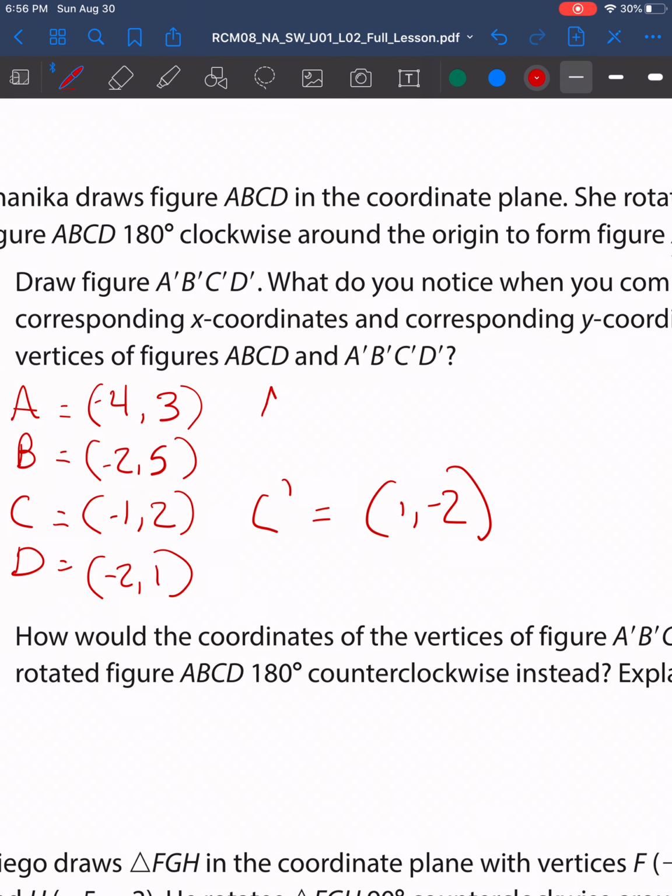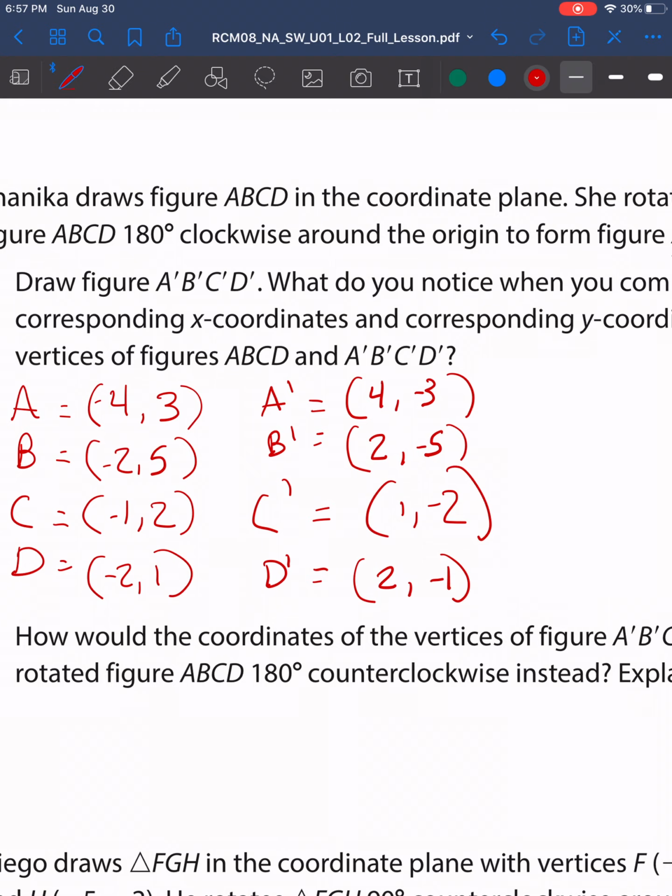Let me try making A', B', C', and D' where X and Y don't switch places, but let's see if their signs change. So this would be +4, -3. I'm just trying this out, I don't know. +2, -5. This would be +2, -1.